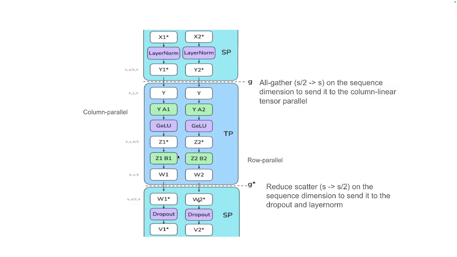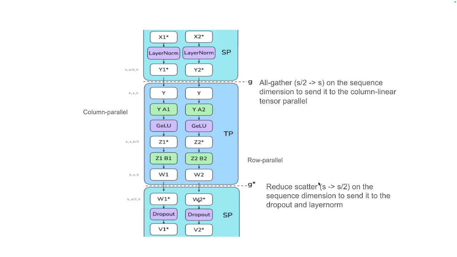And then we do a row parallel linear layer forward, and you get back different outputs. If you didn't have sequence parallelism, what you would have to do here is an all reduce, as we saw in row parallel: you add those two matrices and then share that with all the GPUs.